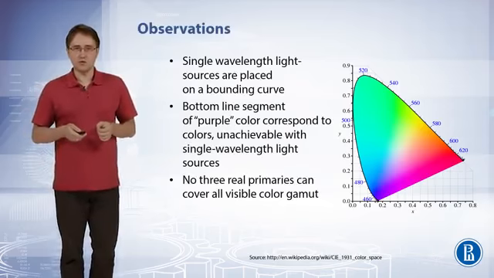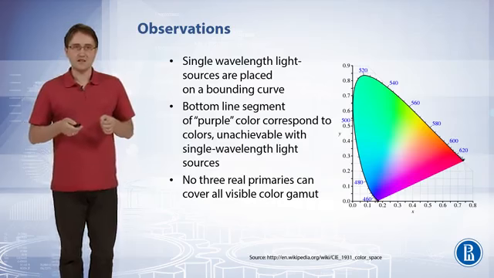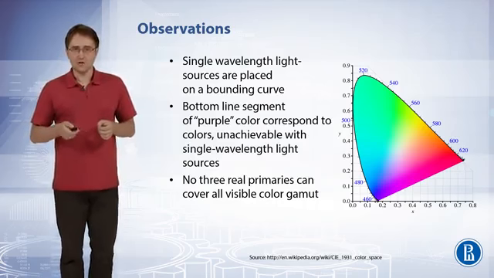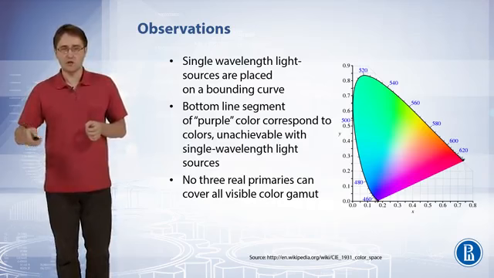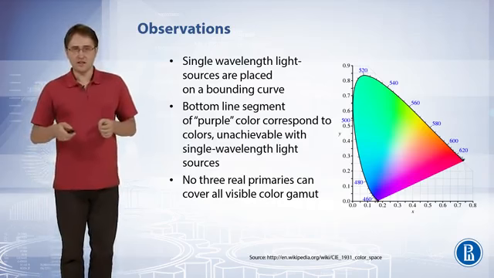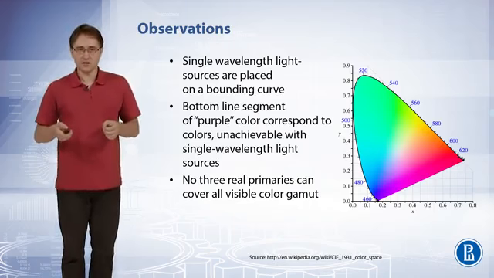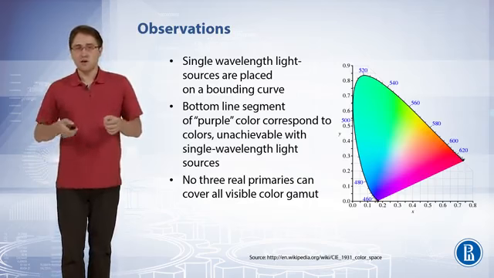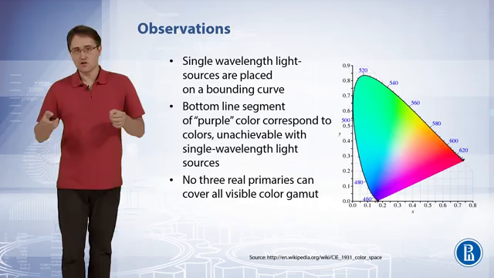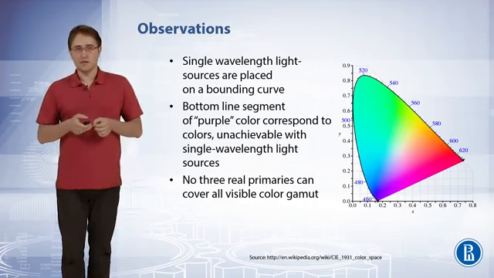From this color gamut, we can make several observations. The first observation is that single wavelength light sources are placed on the bounding curve of this gamut. The bottom line segment of purple colors corresponds to colors that are unachievable by single wavelength light sources. So there are some colors that humans can only see if they're produced by a light source, not a laser, but with some range of wavelengths.